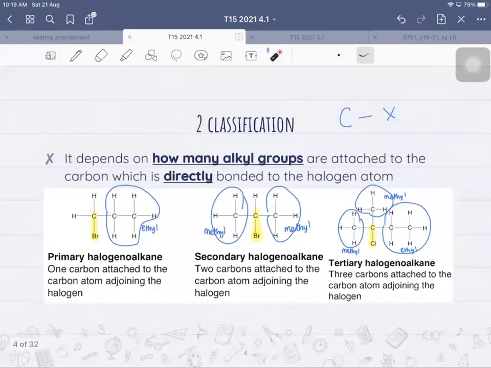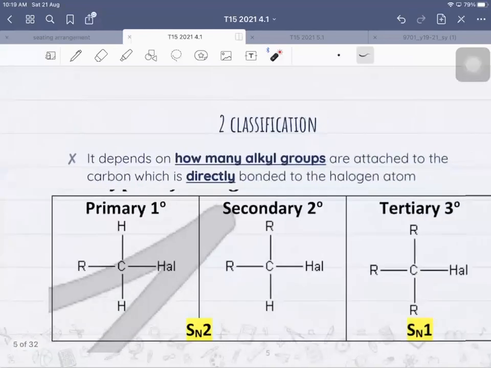In the same way, you would identify a primary, secondary, and tertiary carbocation. Just to remind you, a carbocation is the intermediate in an electrophilic addition reaction of alkenes, which you have seen in the previous topic.